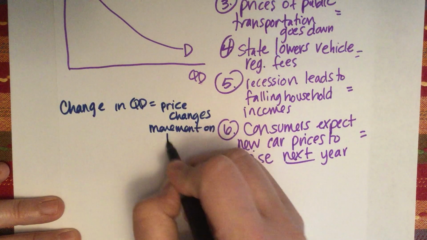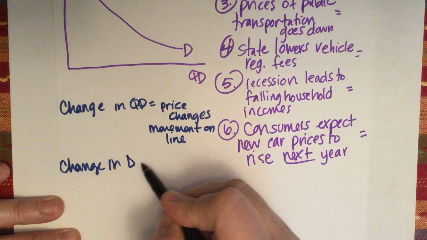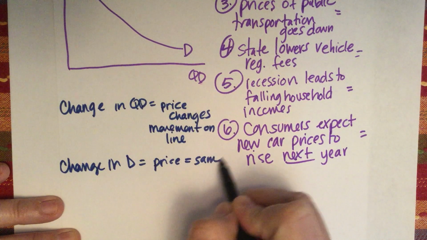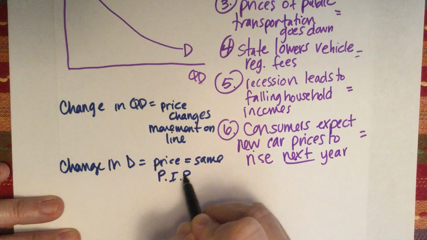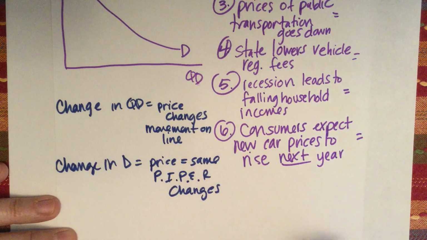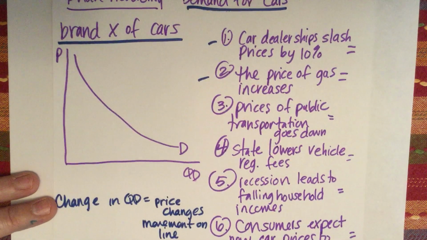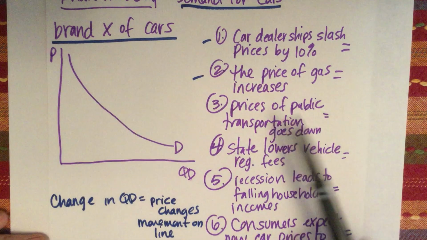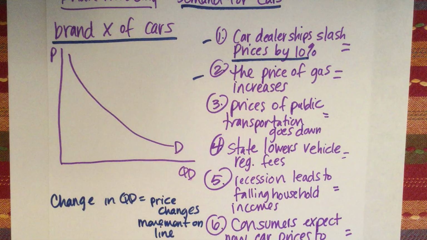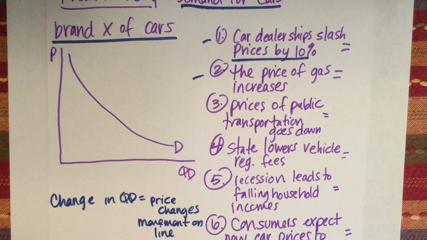If there's a change in demand, this is where price is the same, and it's something else that's changing. Hopefully you can remember that because I'm going to move the sheet. Okay, right here. So if the car dealership slashes prices by 10%, that means that the price of their car is going down.